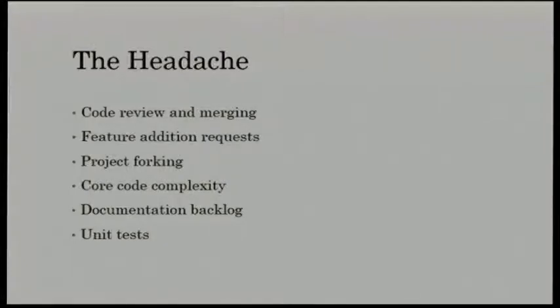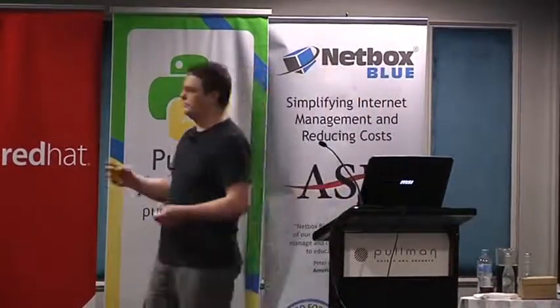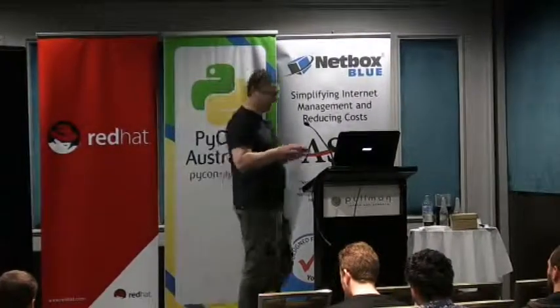So with these, we've seen in various open source examples where project forking starts to happen because people want those features, they want them now, but the core developers just don't have the time for it. So the project gets forked. And then you get this fragmented structure where you have multiple projects with similar features and the user base is then spread across because they're trying to get all the different features.